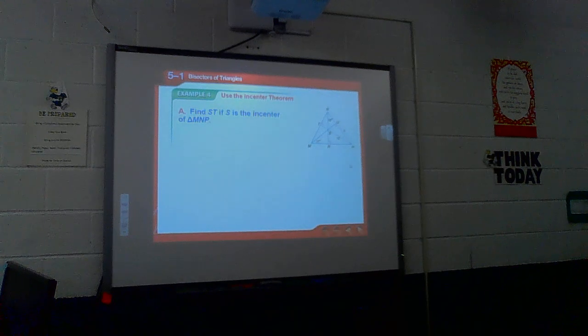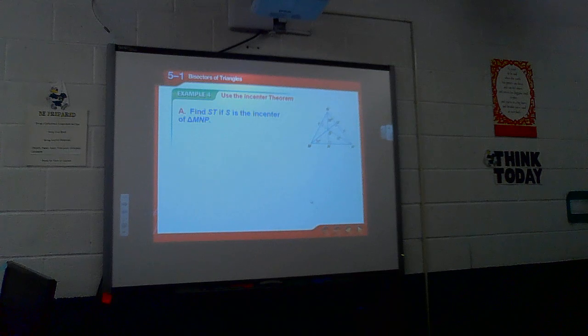What else? Okay, not bisectors necessarily, but they're definitely perpendicular. But if this is an incenter, remember now, this distance right here, this ST, this SU, this SR, the ones that Merrick said had a box on them, they are all congruent.